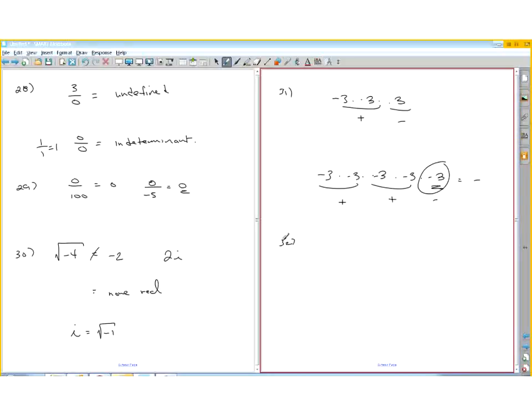And the last one is multiplying an even number of negative numbers together. So if you have -3 times -3 times -3 times -3, sometimes you use parentheses just to emphasize the fact that we're multiplying these things together. Each pair is going to give us a positive number, in this case +9.